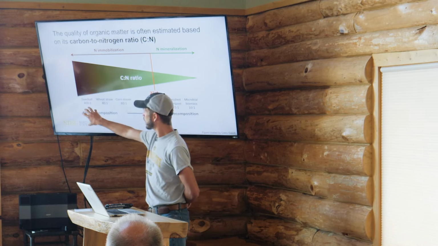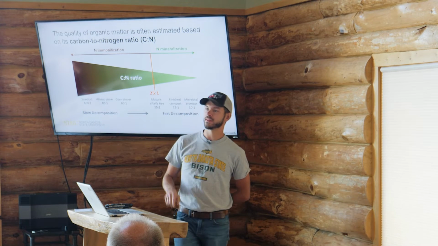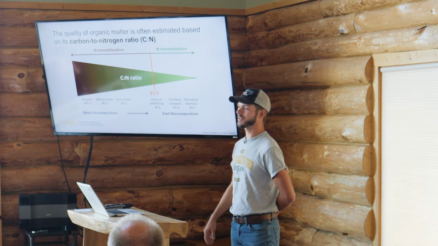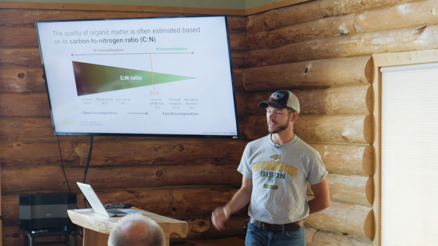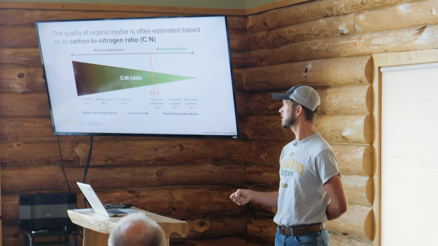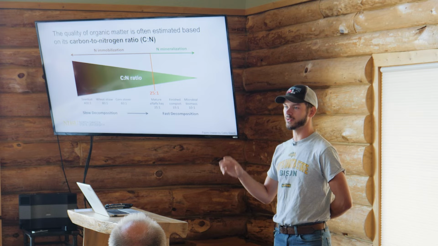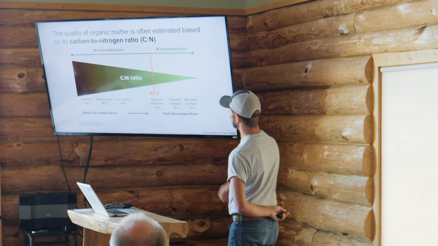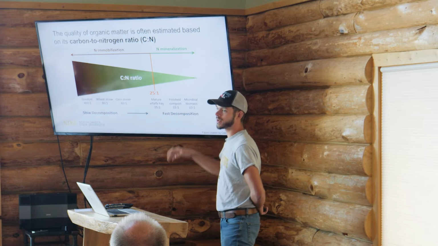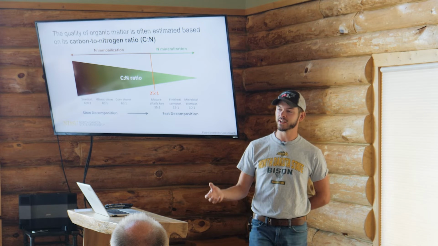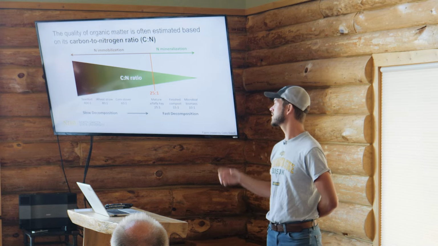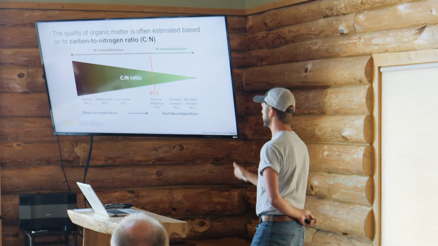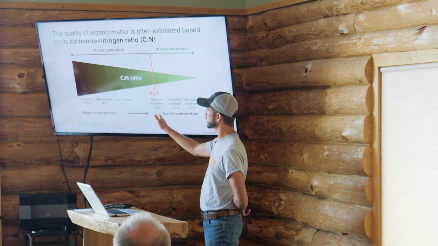Sawdust, where you have 400 units of carbon to 1 unit of nitrogen, any particular microbe that's in the soil is not going to be able to consume a unit of that because they're not going to get the nitrogen nutrients that they need in order to break it down. Whereas you have a compost, 15 to 1, well, that's pretty close. They're not going to have to take up a lot of nitrogen in addition to what's in that biomass already. So we can consider the break point at approximately 25 to 1.